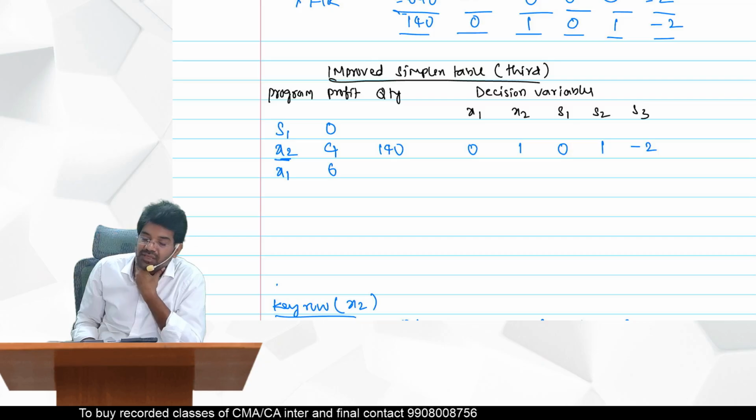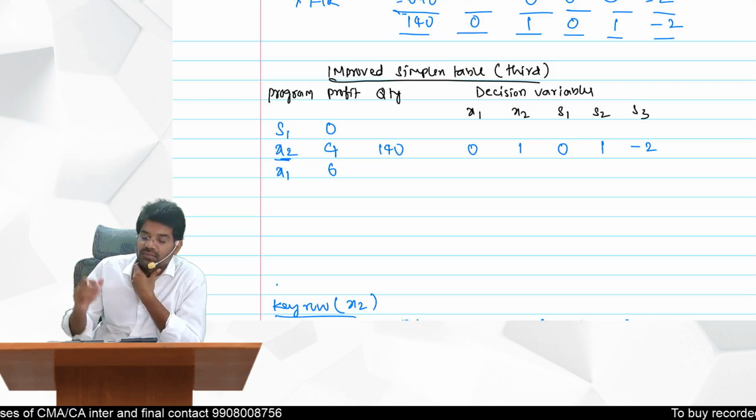Now quantity here. How do you get this? Previous table value minus fixed ratio into the corresponding key row element.